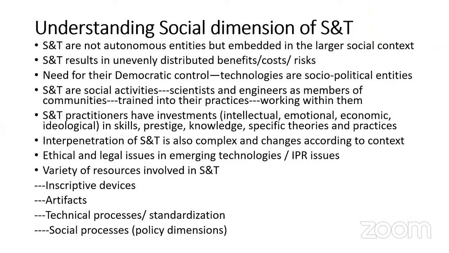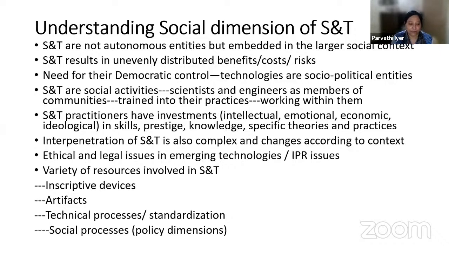As I said, I am by training a social scientist, and what we are trying to do is look at the social dimension or the social context of science and technology.